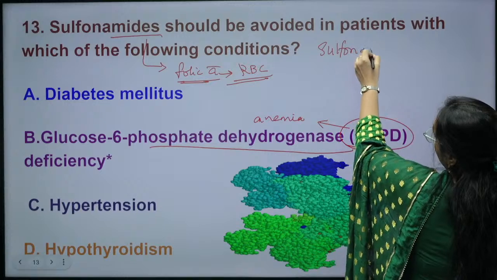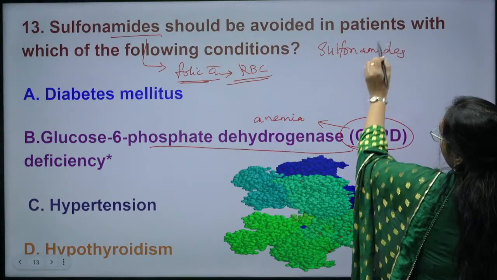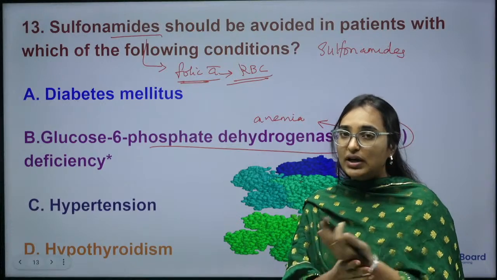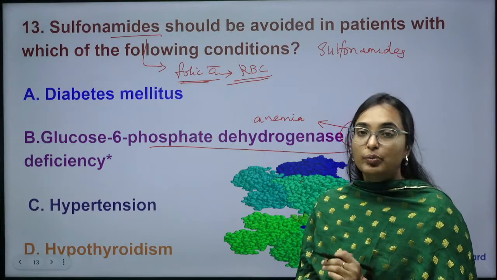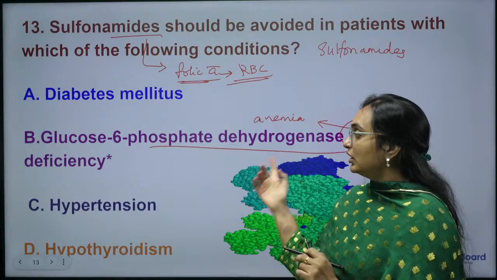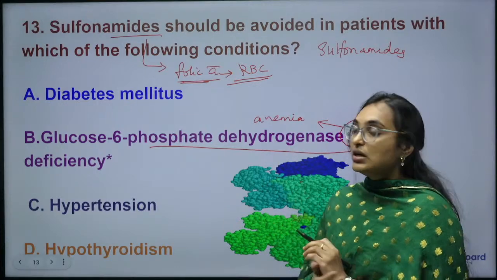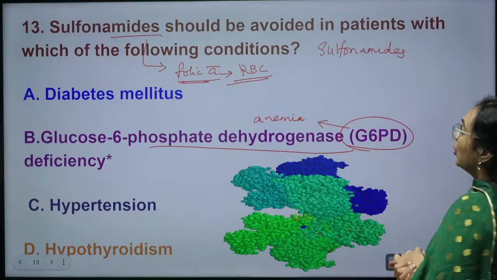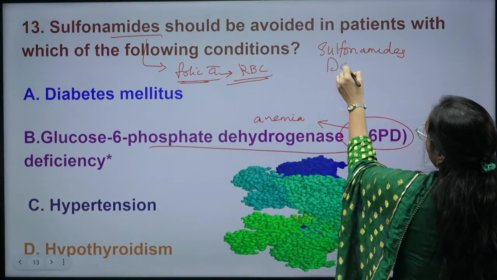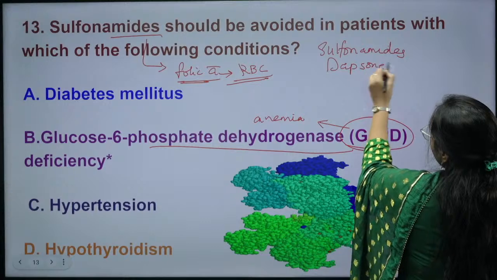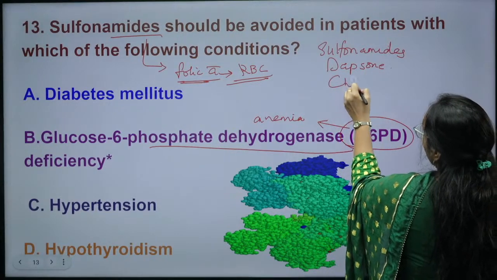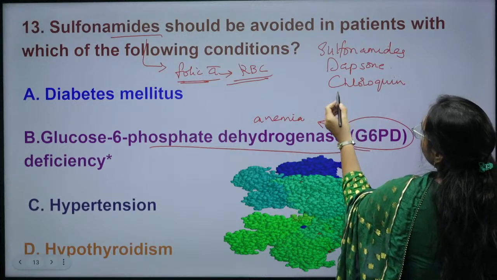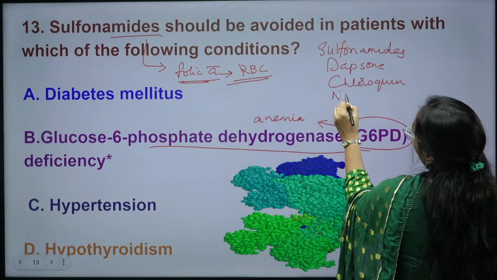Whatever drugs have a mechanism of action on folic acid synthesis should be avoided in patients having glucose 6-phosphate dehydrogenase deficiency. Sulfonamides, dapsone, chloroquine, nitrofuran.